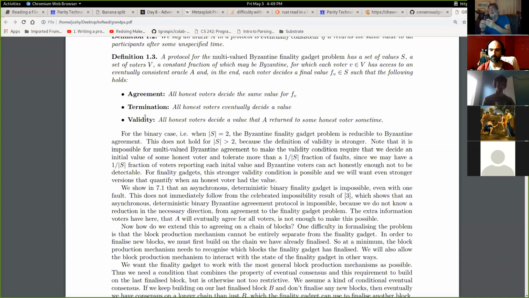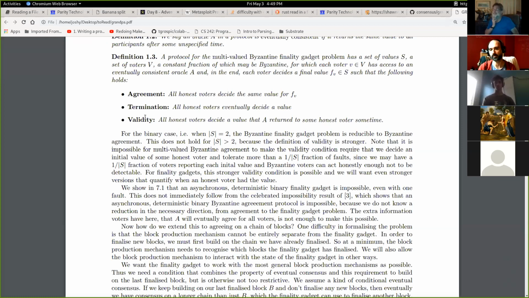That's right, yeah. And when it gets to the point where it has a two-thirds majority, it finalizes that block, not the lead block. So the votes are on the same chain.